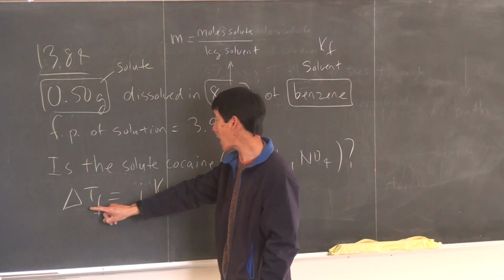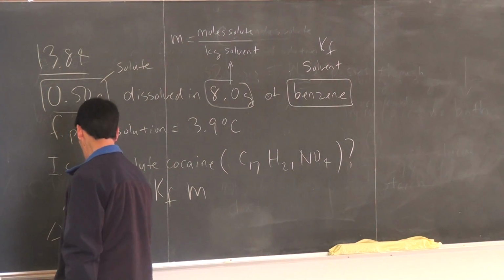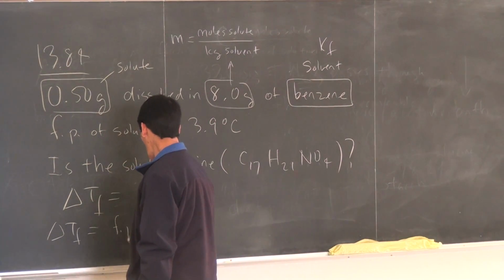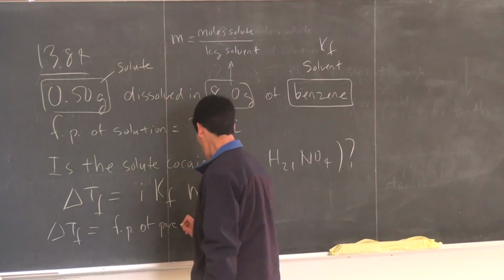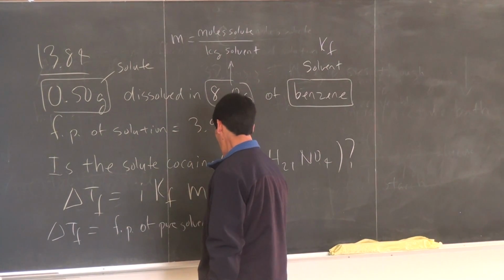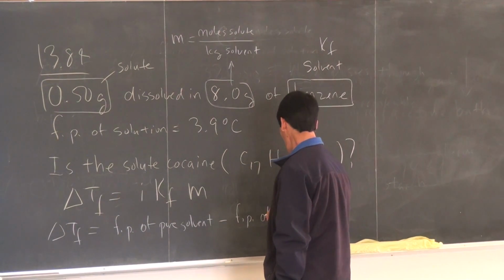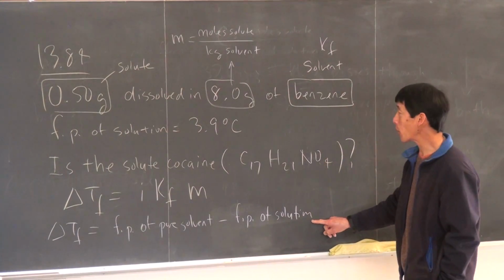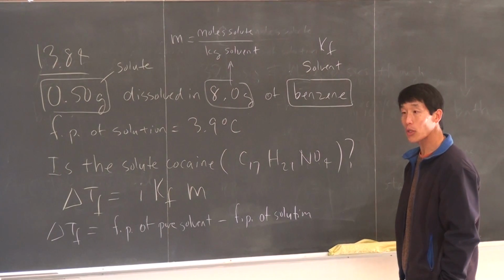Now delta TF is equal to the freezing point of the pure solvent minus the freezing point of the solution. We know the freezing point of the solution is 3.9 degrees. Do we know the freezing point of the pure solvent?